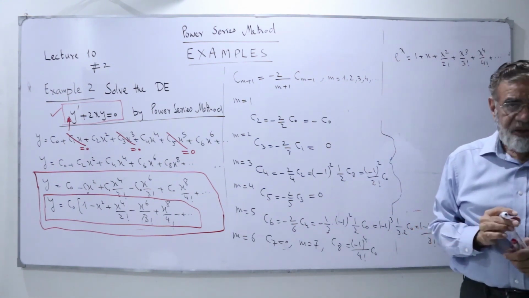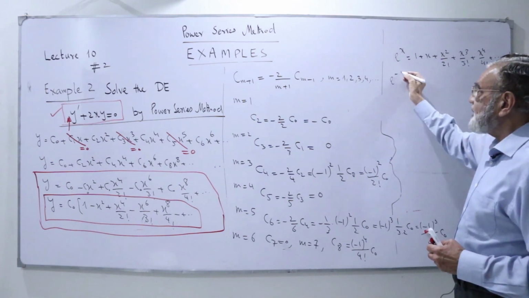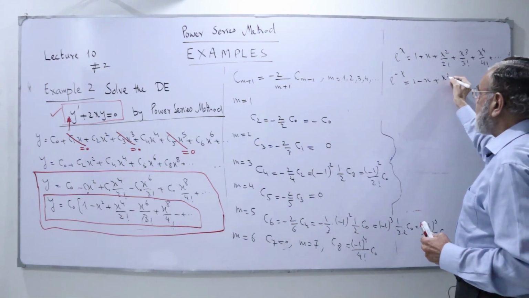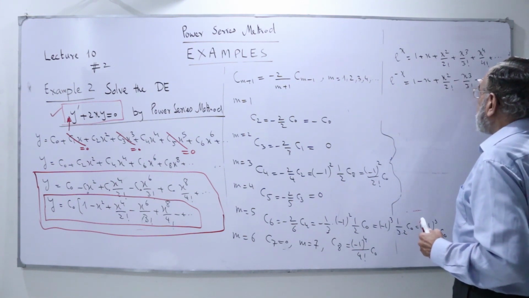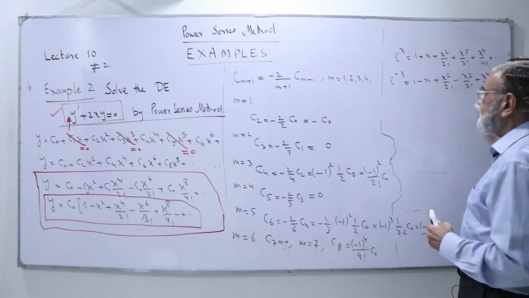If I change this series to e to the power minus x, replacing x by minus x, we get 1 minus x plus x squared by 2 factorial minus x cubed by 3 factorial plus x to the power 4 by 4 factorial and minus plus so on.